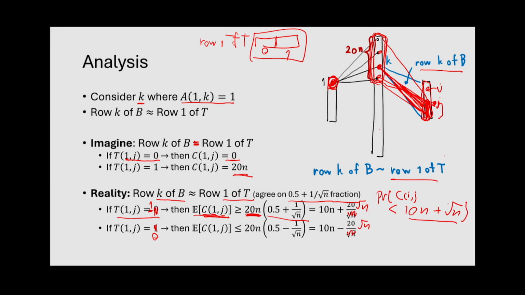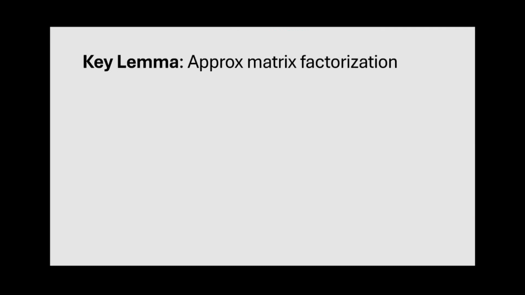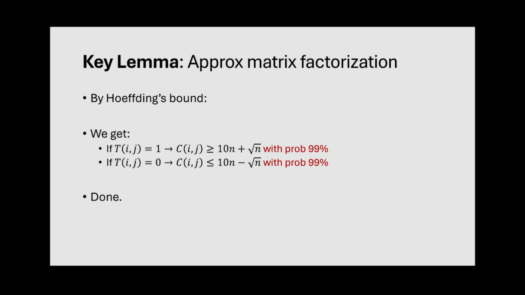We expect 20 root n here, and we ask what if it deviates from 20 root n to just root n? So the deviation is 19 root n. That cannot happen except with small probability. So with this we get this main lemma and we are done.